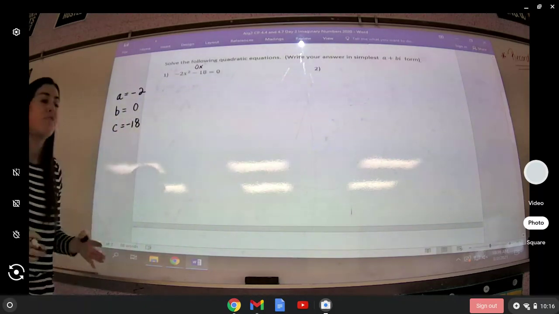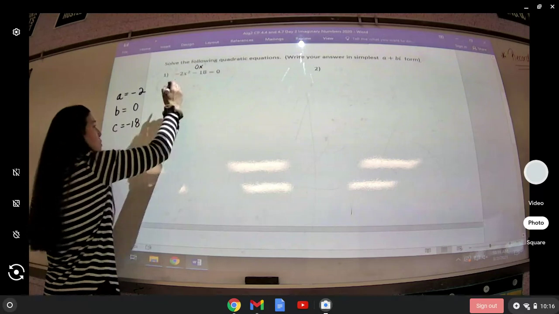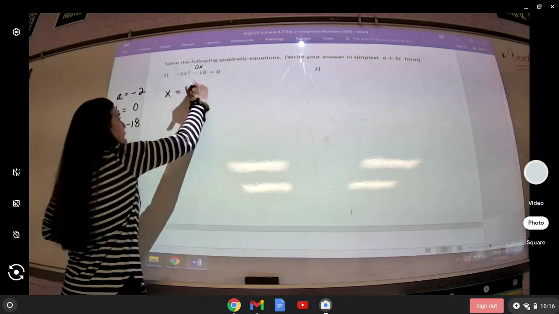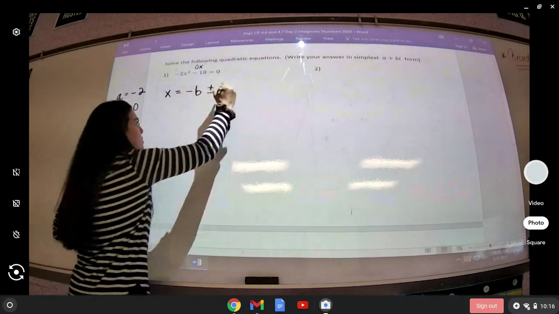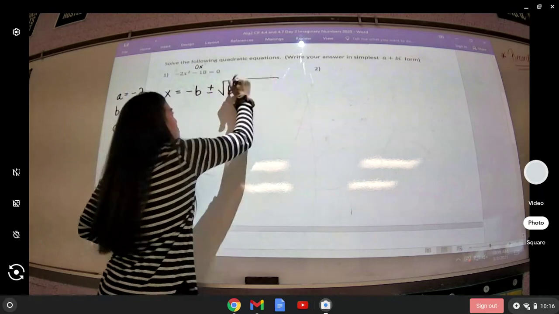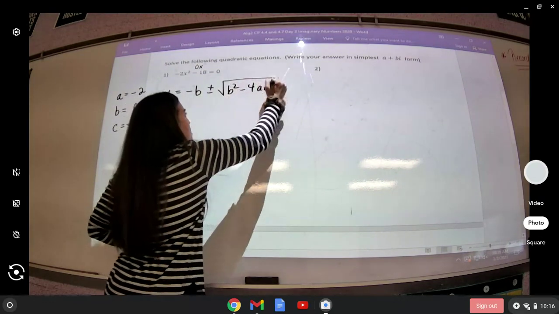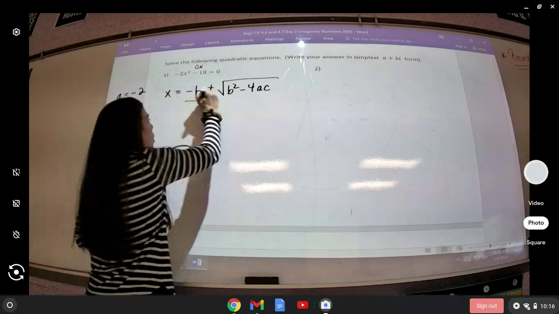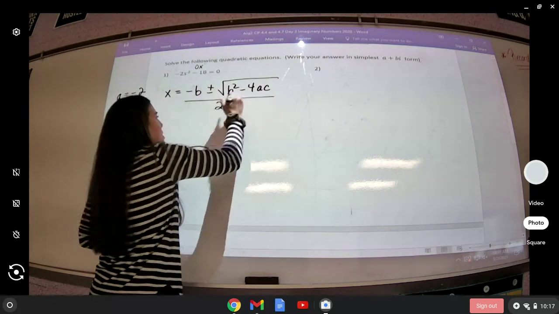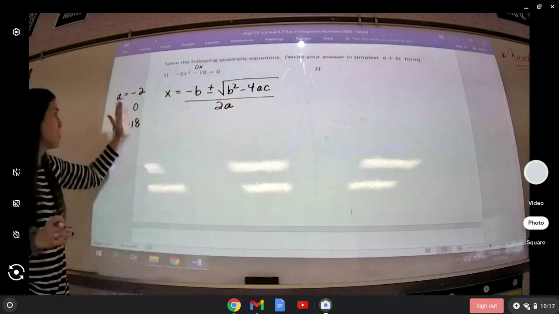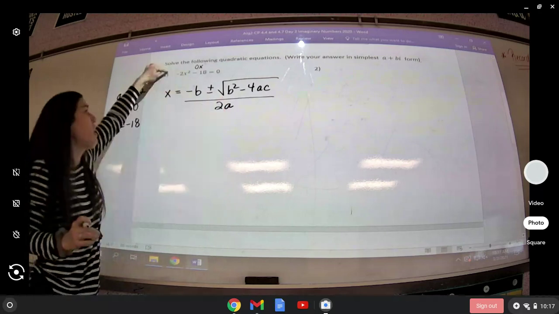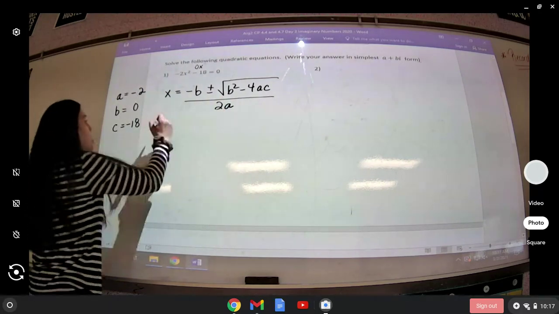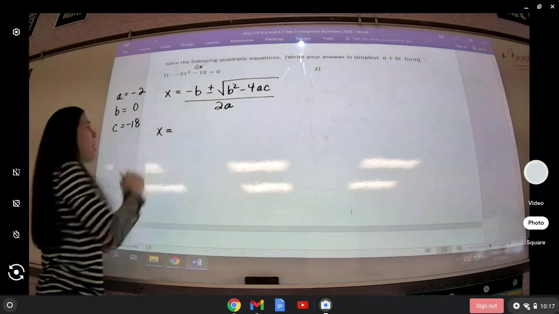All right, so the quadratic formula says the answers to this equation, x, will be equal to the opposite of b plus or minus the square root of b squared minus 4 times a times c. All of it is divided by 2 times a. So let's use these values to plug into this formula and solve that quadratic equation. So x will equal, I need the opposite of b.